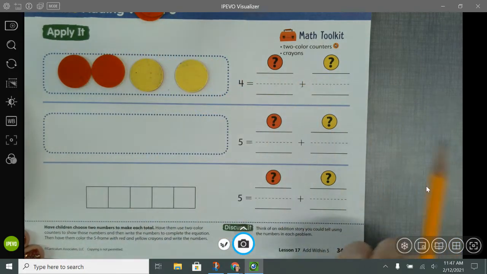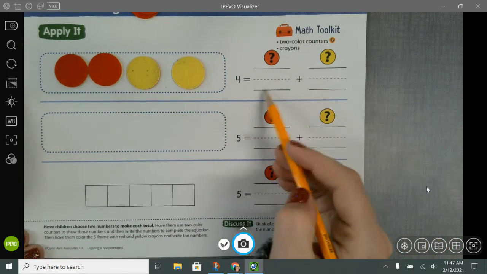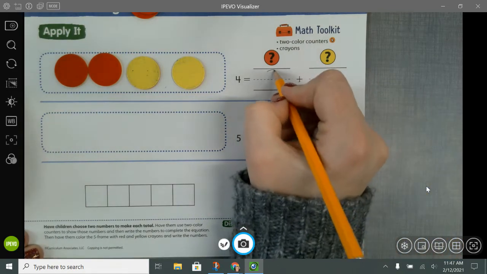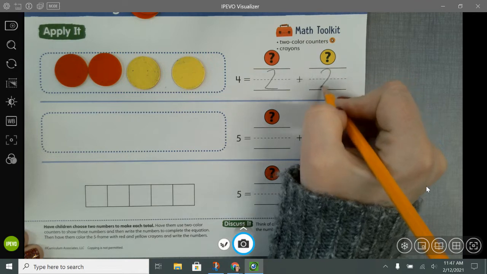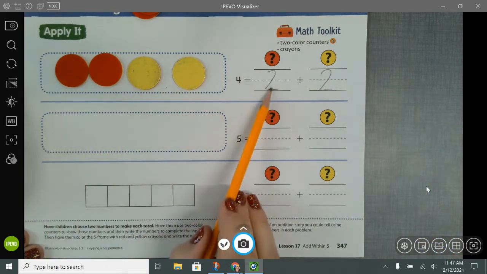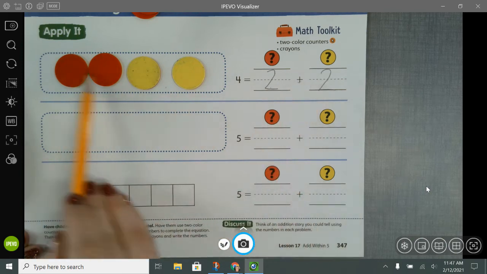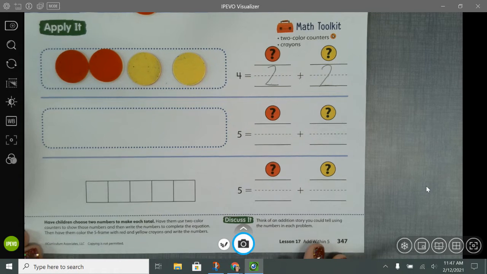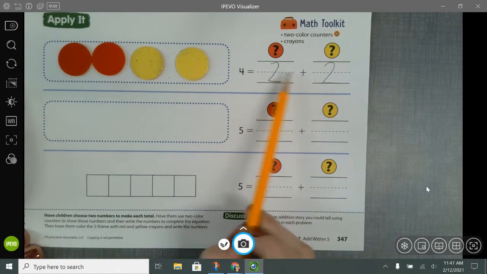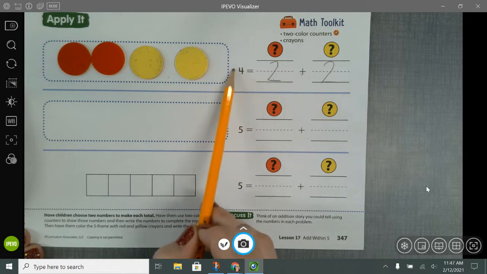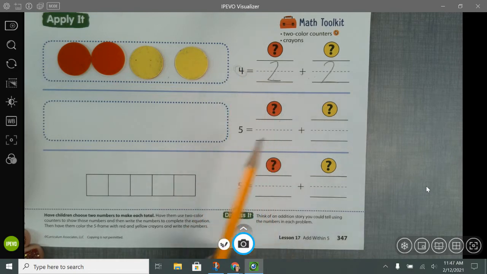Flip over another one. 2 plus 2. So it just depends how you chose to put your counters. So I'm going to put this one. 2 plus 2 equals 4. If you want, you can press pause and practice that a little more. Just make sure that these two numbers are the same total as 4.